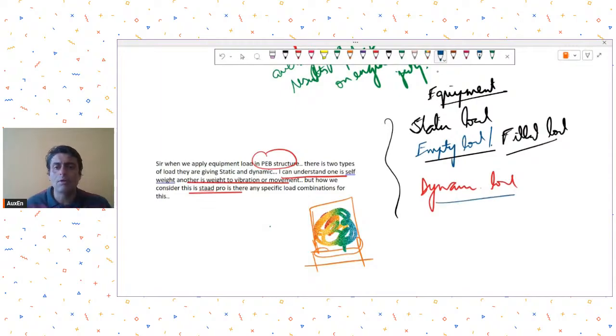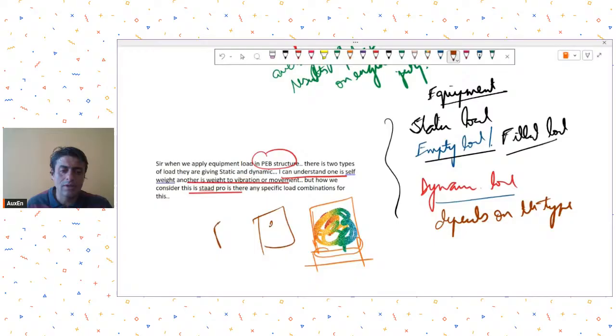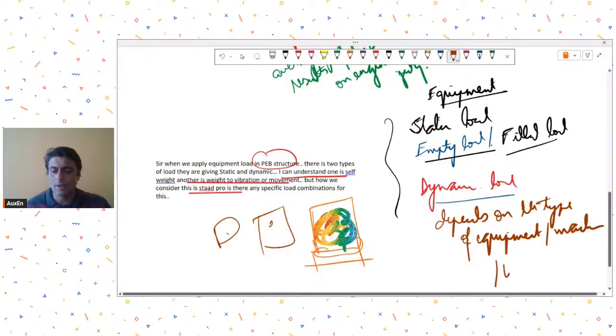So dynamic loads depend on the type of equipment or machinery, or if it's a storage kind, a silo, or a cylindrical structure for storage. It depends on the type of equipment what kind of dynamic loads are given.